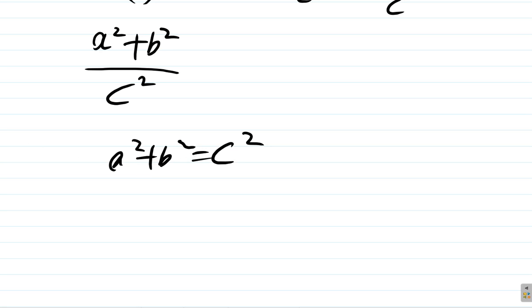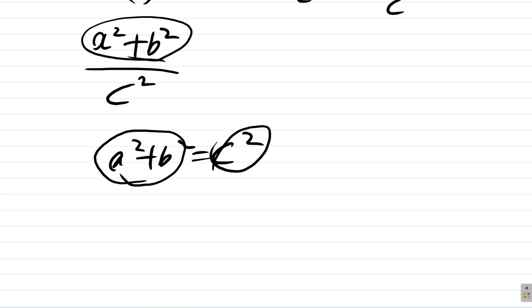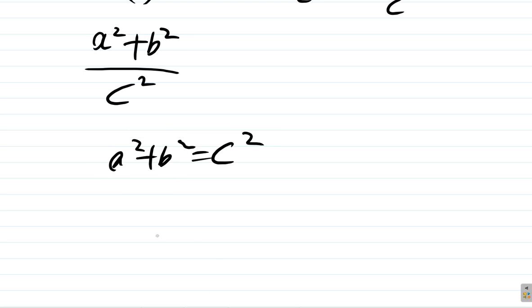Now, if a squared plus b squared is equal to c squared, it means that this is equal to this, which is equal to this. Right? So I can just say, when I write a squared plus b squared over c squared, since a squared plus b squared equals c squared, let's write c squared up top.